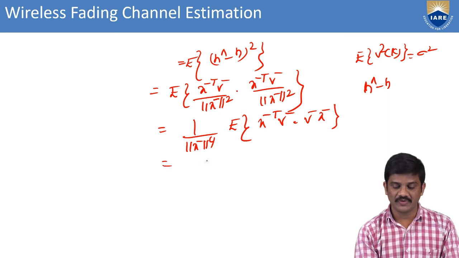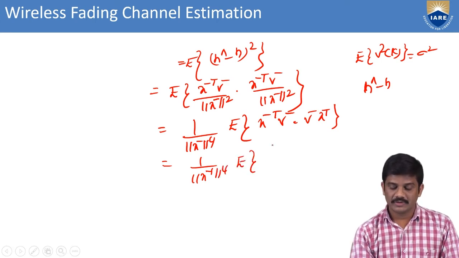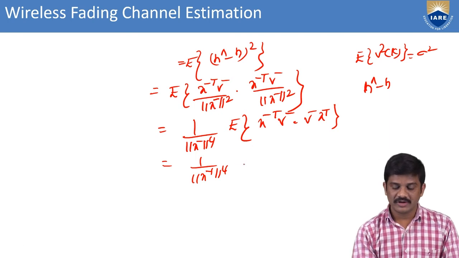Then we can simplify. Here I take x common, and I can write v transpose into x bar.